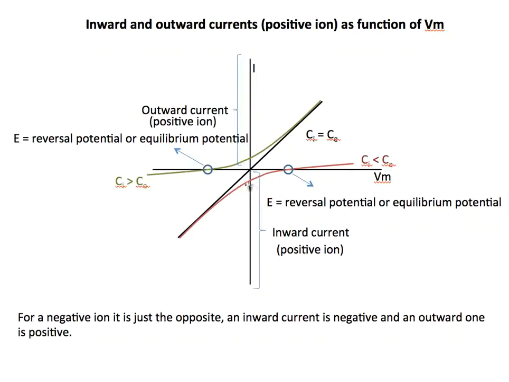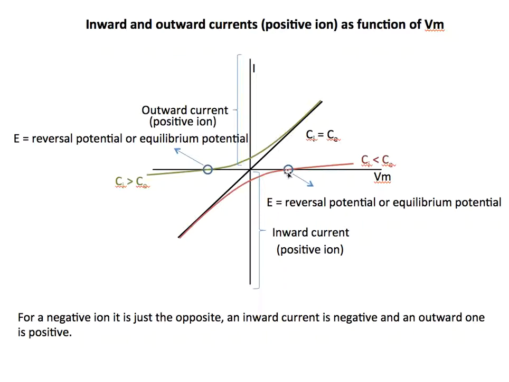Now out here, this red line, Ci is now less than Ce. That's telling you that you have more cations outside than inside. When you have more cations outside than inside, you need a positive Vm to keep those cations from coming in. Makes sense, right?